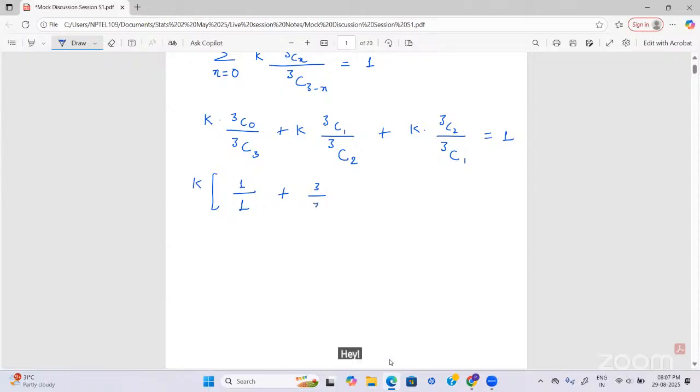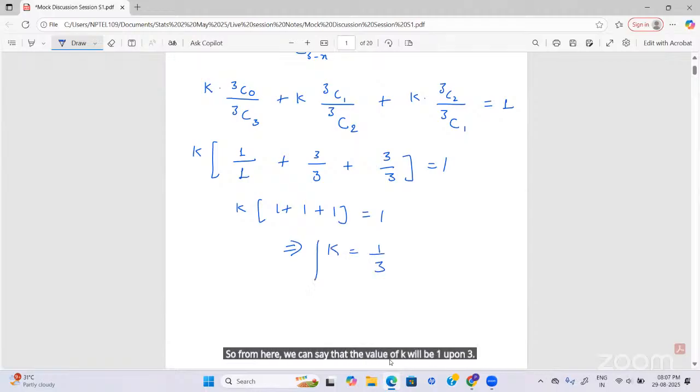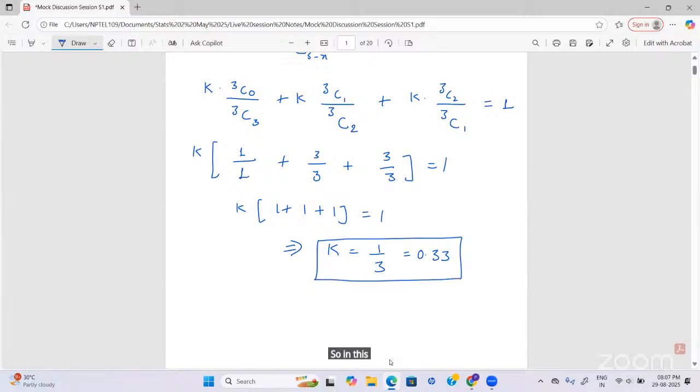Then here it also it will be 3 divided by 3 equal to 1. So this is k times 1 plus 1 plus 1. So from here we can say that the value of k will be 1 upon 3. Okay. So 1 upon 3, which means it will be 0.33. So in this way, you can calculate the value of k. Is this question clear?